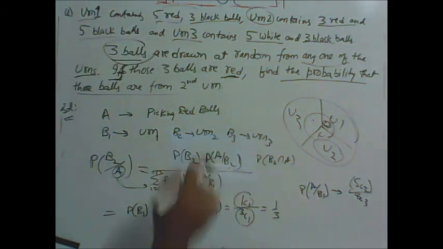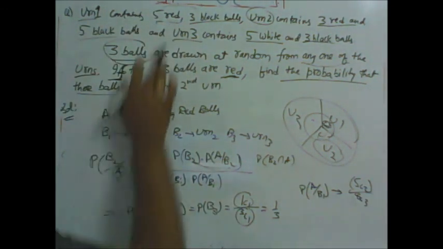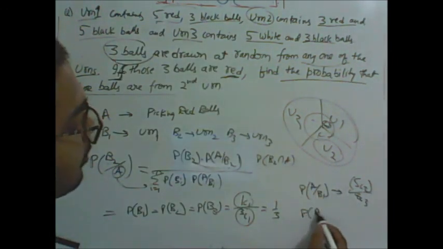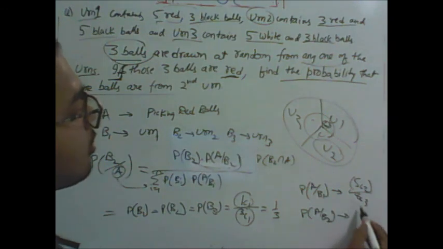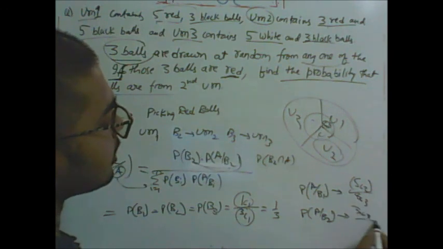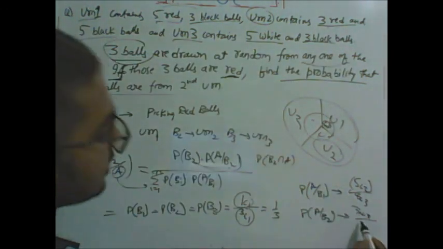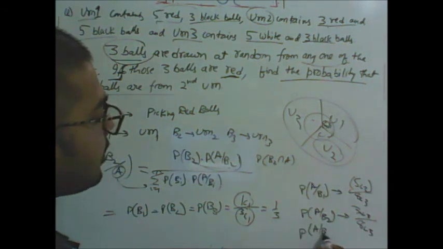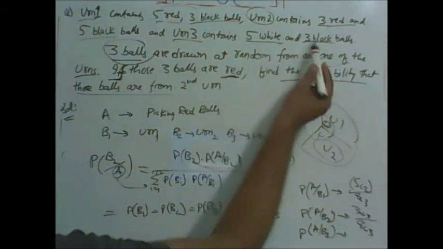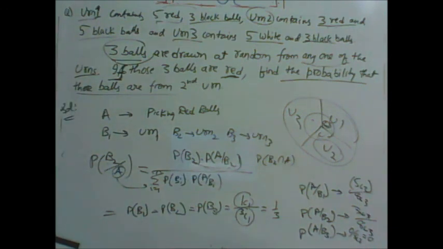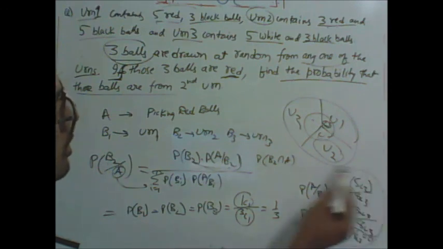We can take any 3 of the total 8, but our success is red, so all 3 must be red. So P of A by B1 is 5C3 divided by 8C3. Similarly, P of A by B2 equals, in urn 2, 3C3 divided by the total 3 plus 5, 8C3. P of A divided by B3: here no red is there, so 0 divided by 8C3, which is equal to 0. Hope that is clear. Since it is 0, we can neglect it. We have to consider only these two.